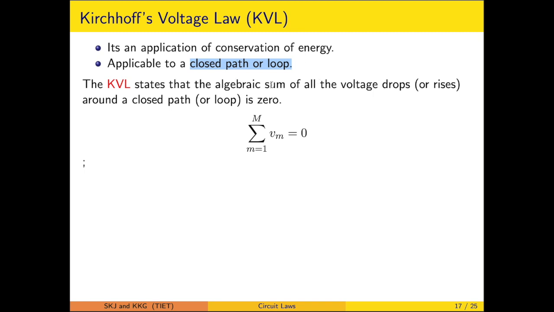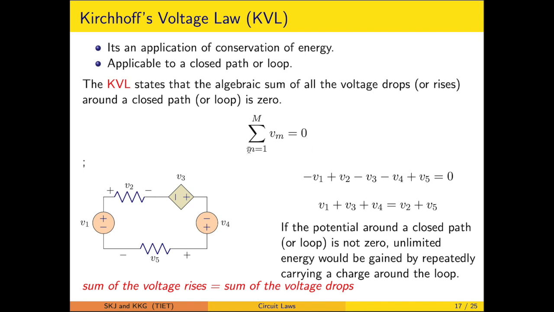Here it states that the algebraic sum of all the voltage drops or rises around a closed path is 0. Please follow here: when you are assigning the drop as positive, then the rise has to be assigned as negative polarity. In that sense, this has to hold true.